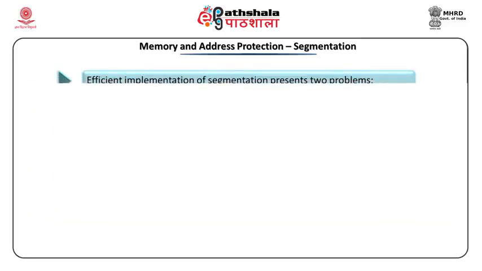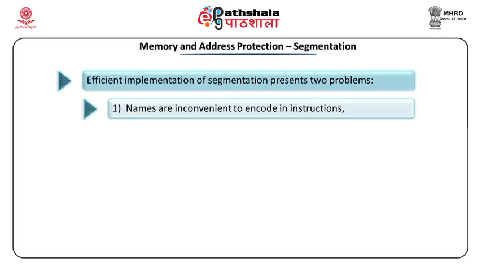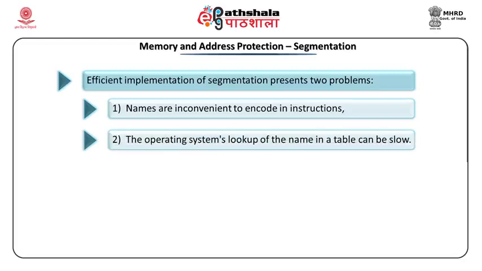We have seen that the efficient implementation of segmentation presents two problems. Segment names are inconvenient to encode in instructions, and the operating system's lookup of a name in the table can be slow. Because if we have many segments, every time we refer to a segment, the operating system has to check the segment table to identify where in physical memory this segment is stored.